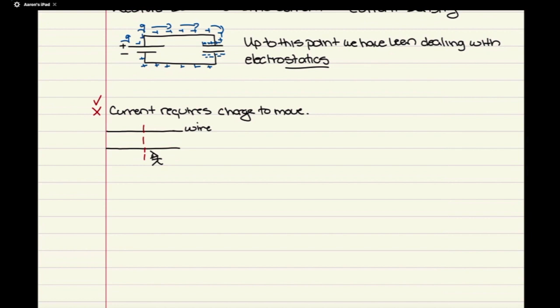Now, if the wire is not hooked up to anything, there may be positive and negative charges that are free to roam around the wire. But they will be moving in essentially random directions.